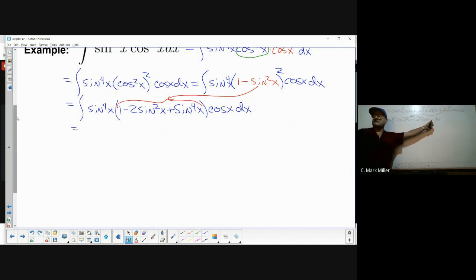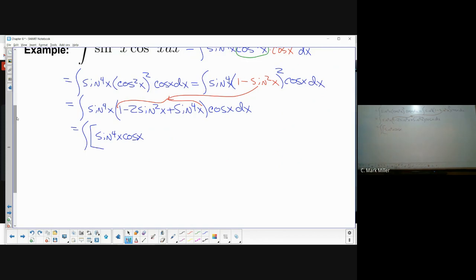cosine. So this is going to be the integral of sine to the fourth times 1 times cosine, which is sine to the fourth. Did you see how that one came about? Sine to the fourth over here, cosine there, all times 1.